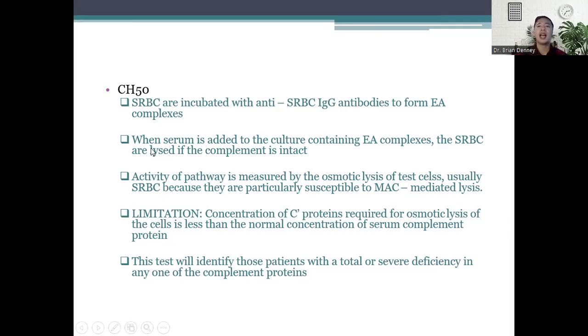Again, absence of deficiency is noted by presence of lysis, meaning no deficiency when there is lysis. Presence of deficiency would mean there is absence of lysis, meaning there are proteins which are not found in the serum of the patient.